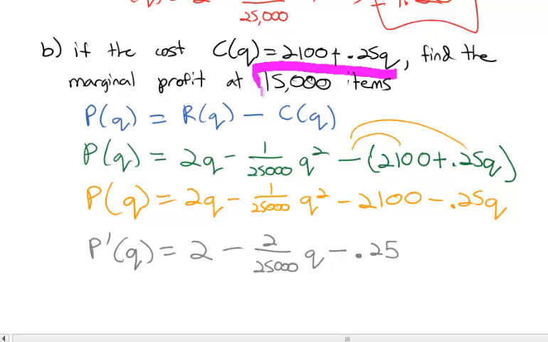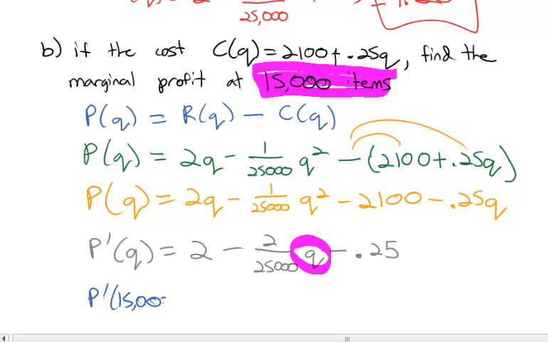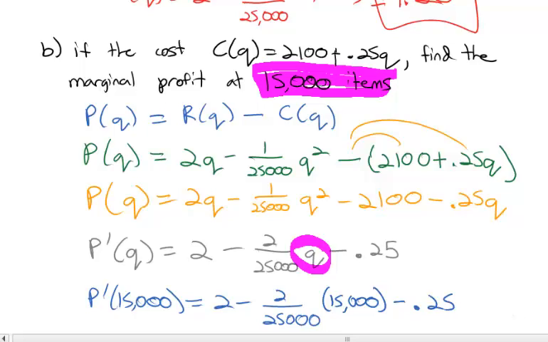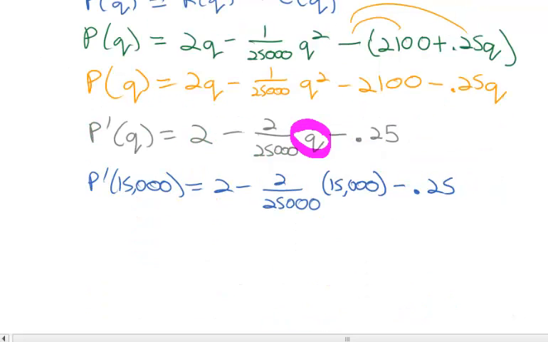So we want to know what's going to happen to the profit at 15,000 items. How fast is the profit changing when you've got 15,000 items? Plug that in for Q to find out. P prime of 15,000 is 2 minus 2 over 25,000 times Q, which is 15,000, minus 0.25. And we plug that into our calculator.